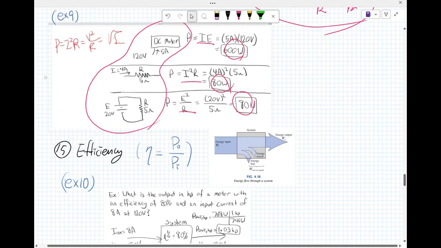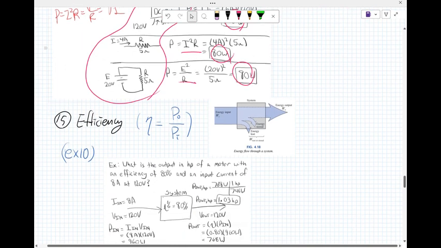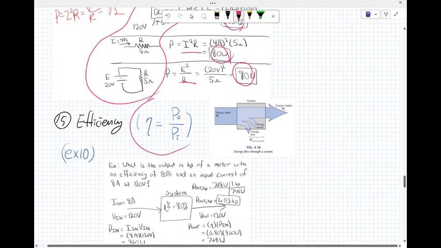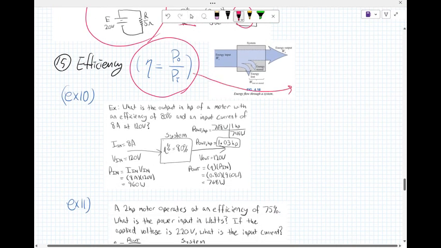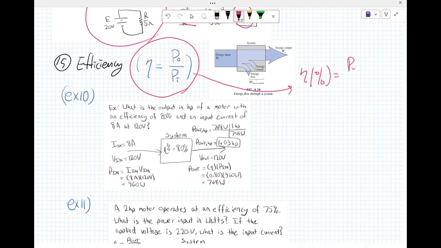Okay. Again, the efficiency is output power divided by input power. If we want it as a percentage, that should be multiplied by 100.